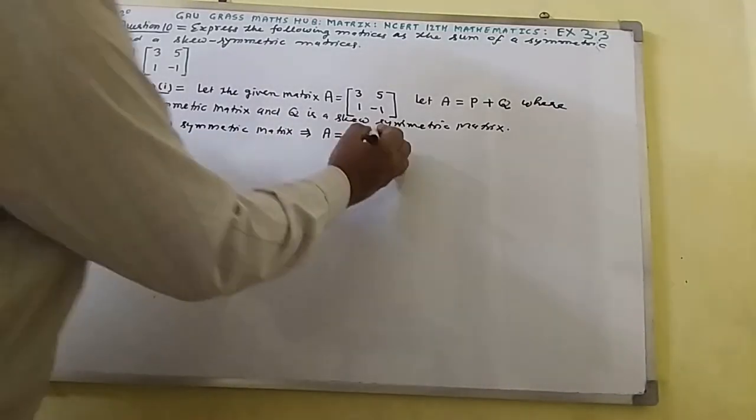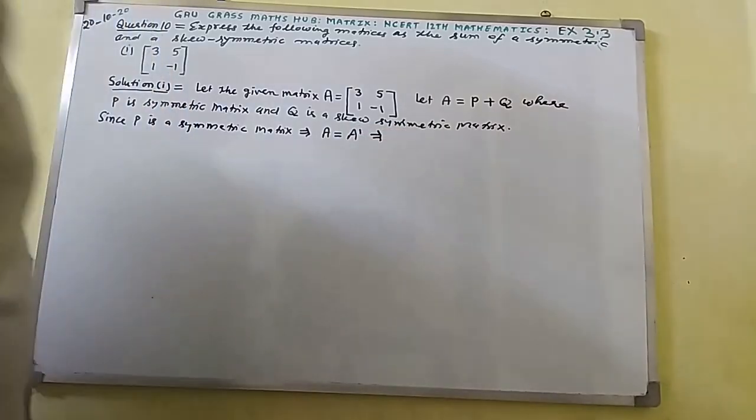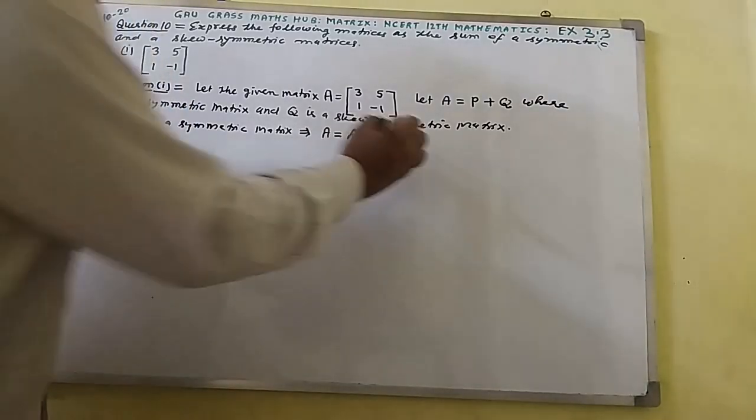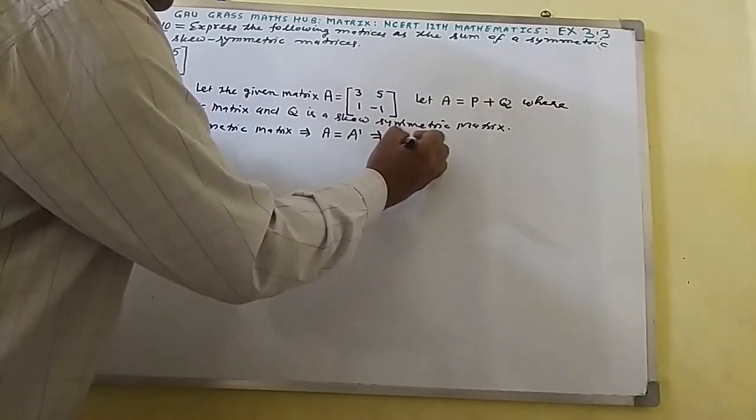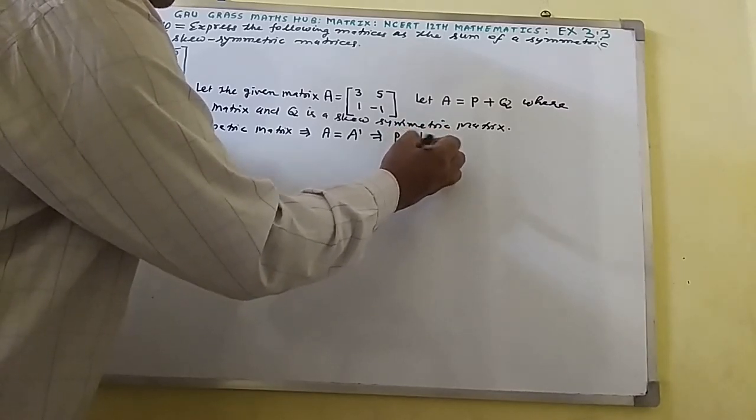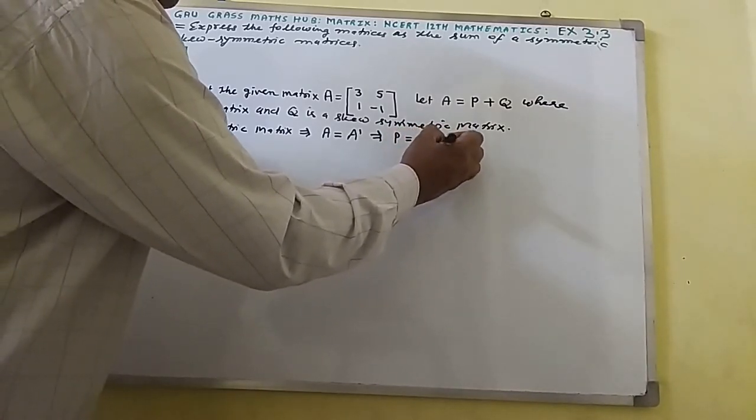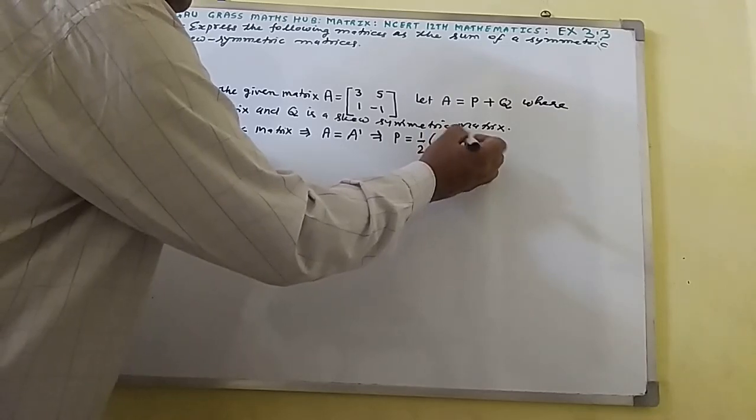So it implies that P equals 1 over 2 in bracket A plus A dash.